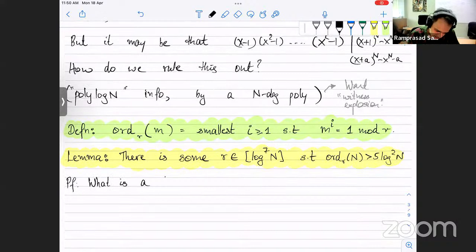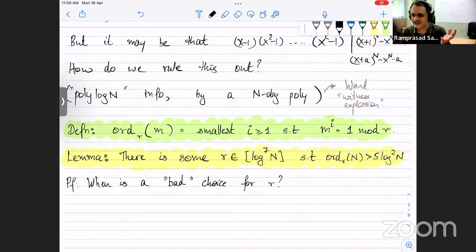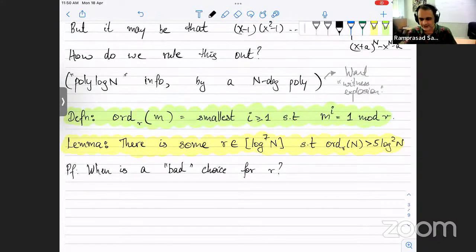Now let's ask ourselves, what sort of choices for R are bad? I'm horrible at grammar, but nevertheless, at least you understand what I mean. So when will an R be bad? If it so happens that for that value of R, n has much smaller order.